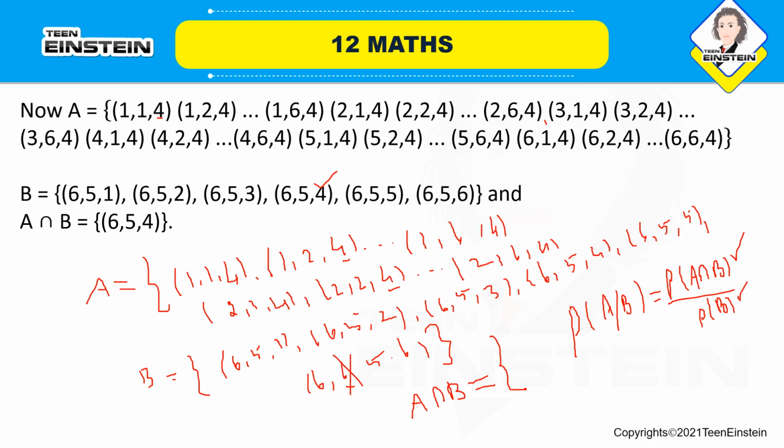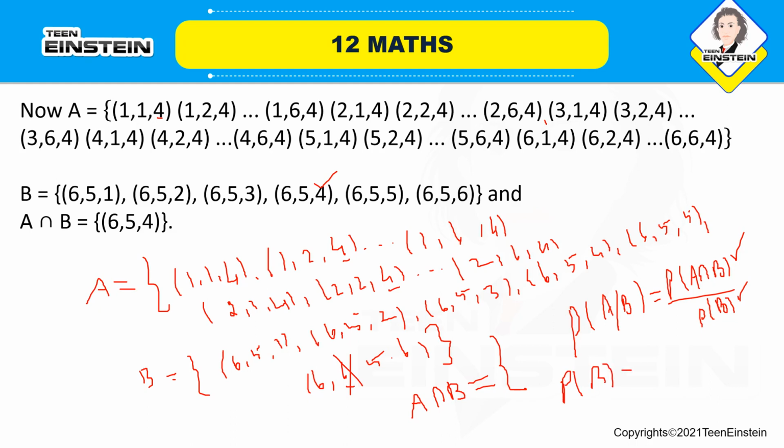So how to find them? We want P of B, right? What is the formula for P of B?